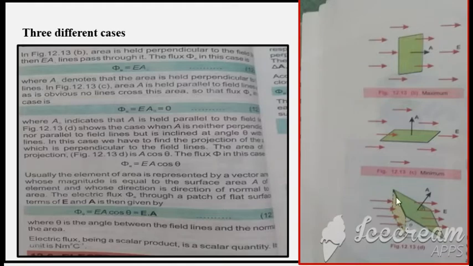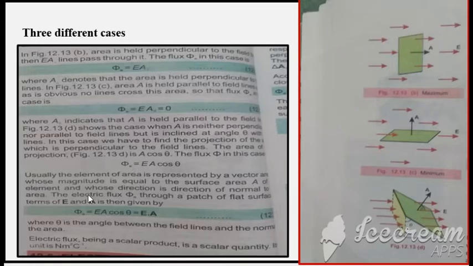So in this case, the greater the surface area, the larger will be the magnitude. And further, its direction is in the direction of the normal to the area. Look at the black line or black arrowhead here. This area vector is drawn perpendicular to this green surface area.